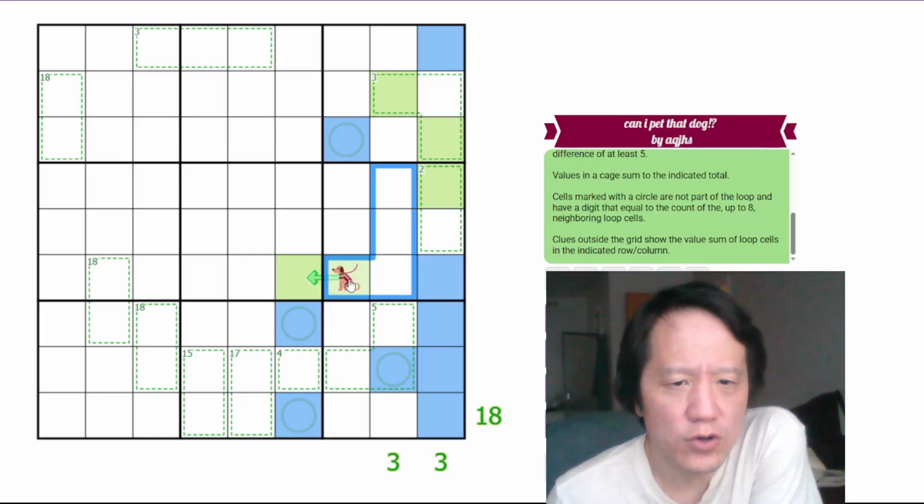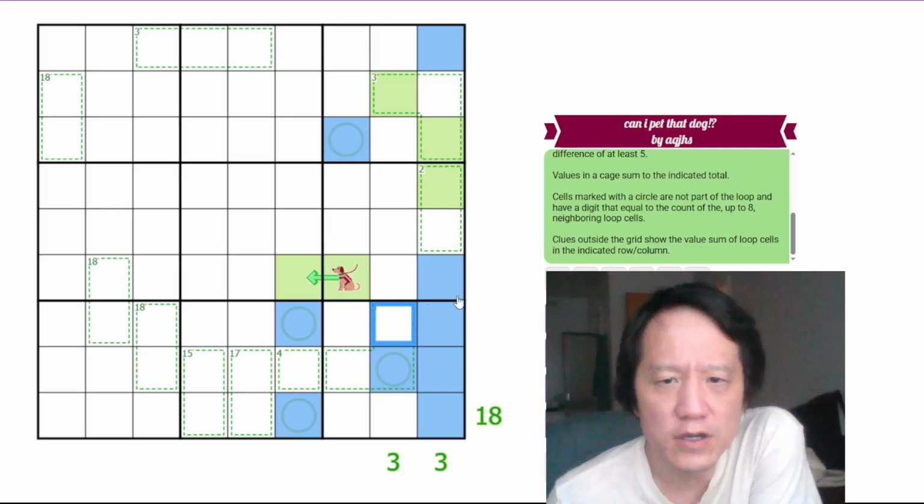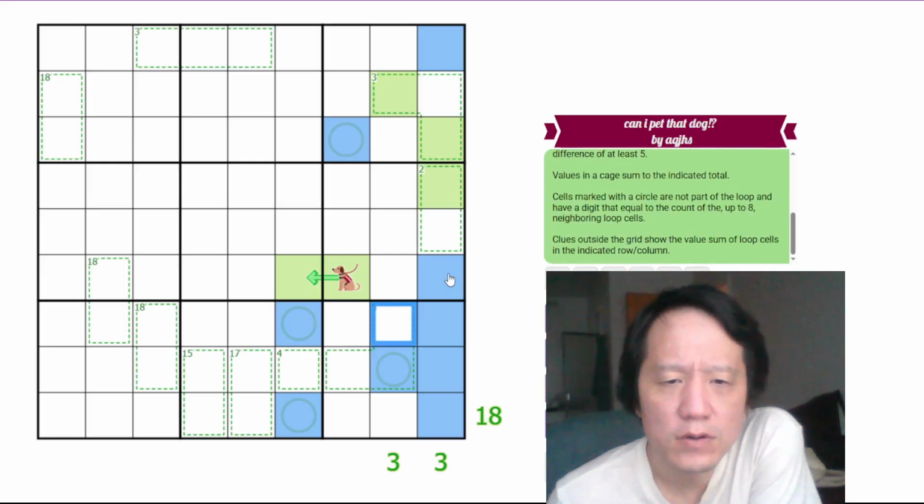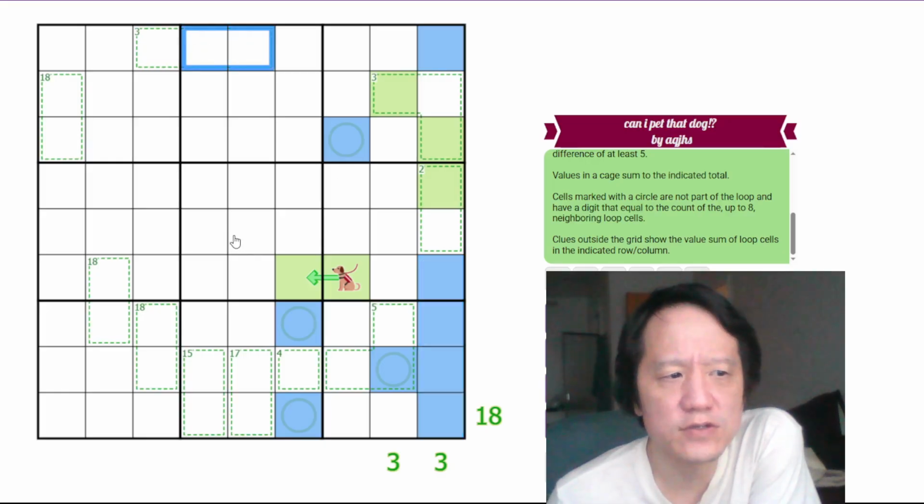How does this work? This doesn't work, I don't think. At least 2 of these are on the loop. It could be something like this. This is possible here. At least one of these 2 is on the loop.